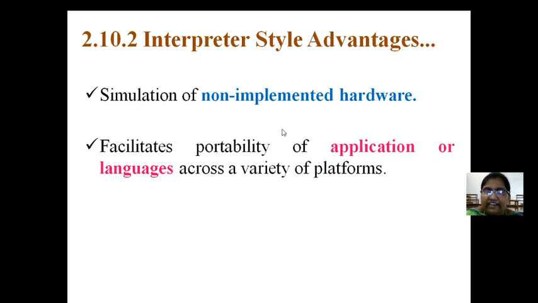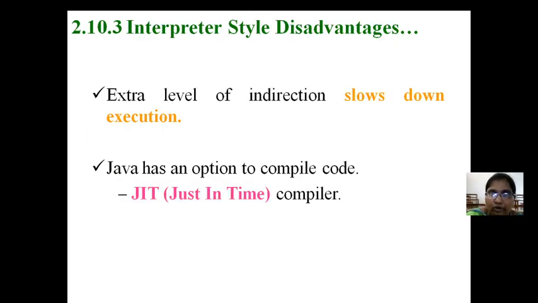Okay, it facilitates portability of applications or languages across a variety of platforms. Yes, the portability issue. Any language can be taken by these interpreters and converted without considering the hardware information. What type of processor you are going to use, what type of memory, how you are going to store, what storage pattern you want, it doesn't matter to us. Just have an interpreter with you and have the output with you. That's it. Okay, portability, right?